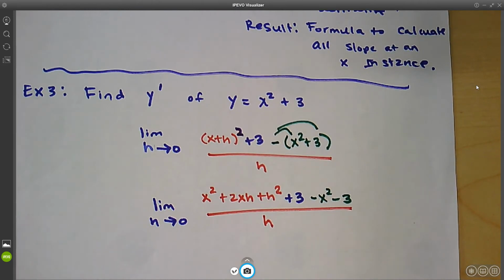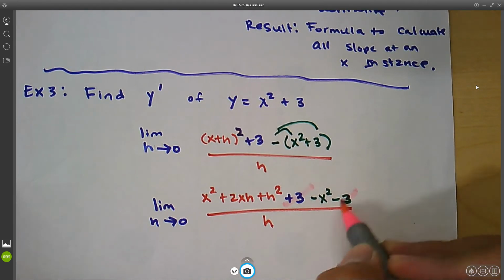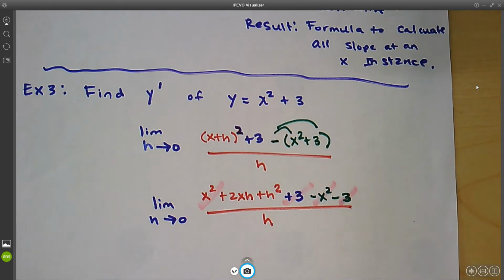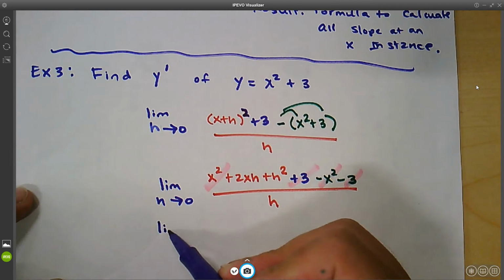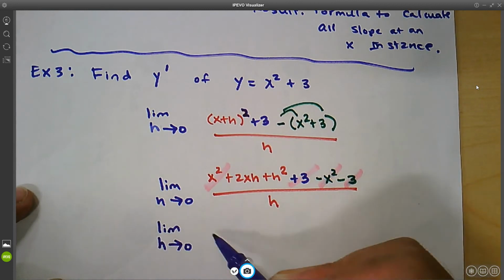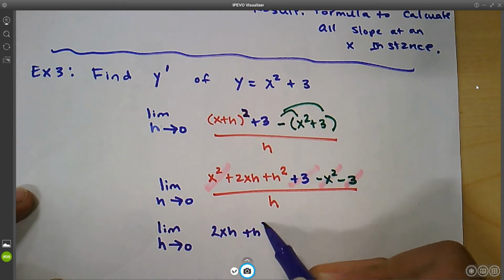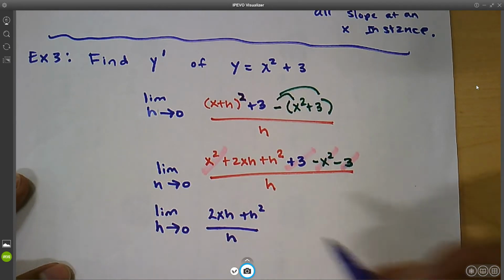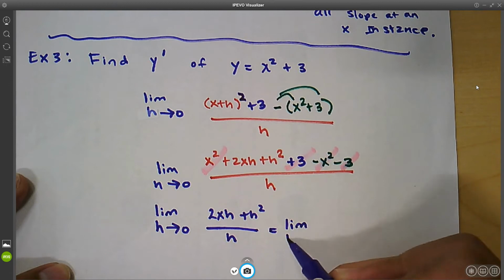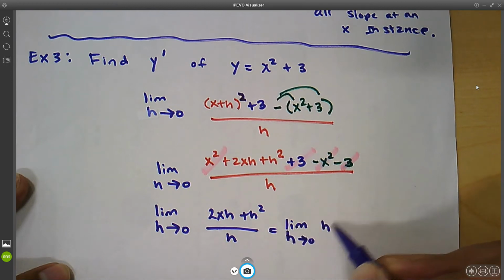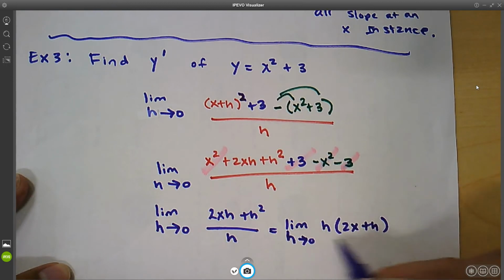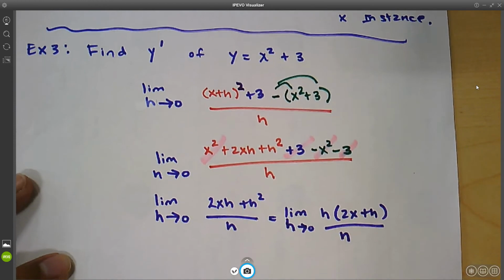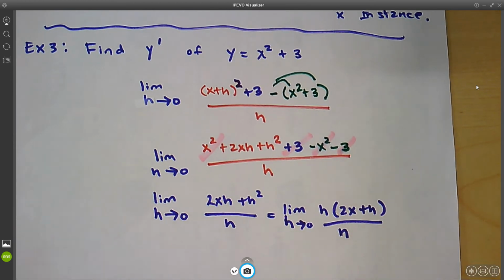A couple things cancel out. We're left with 2xh plus h squared over h. The next step is to factor out an h, so it will cancel with that h at the bottom.